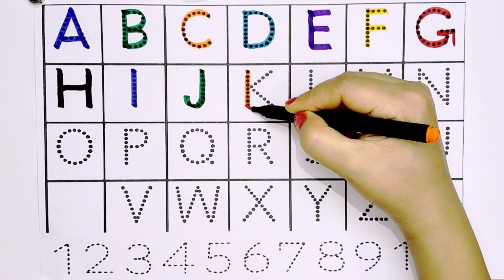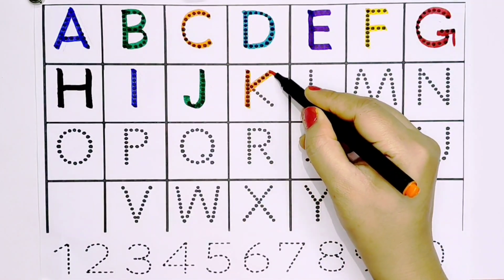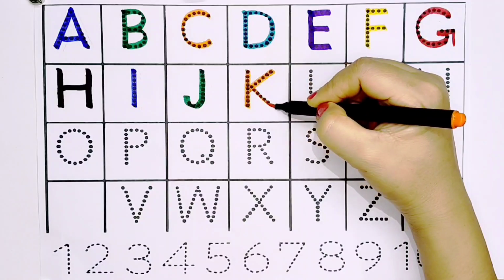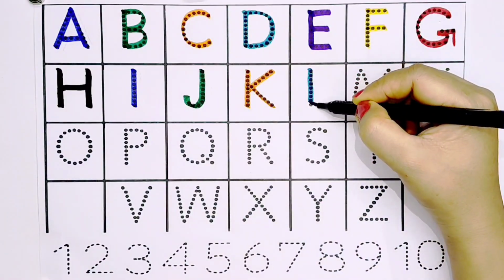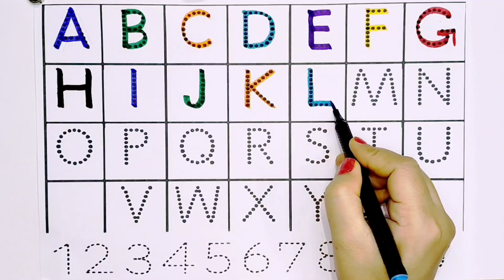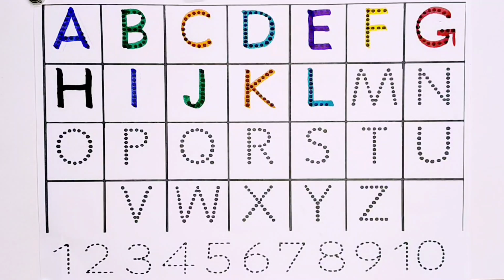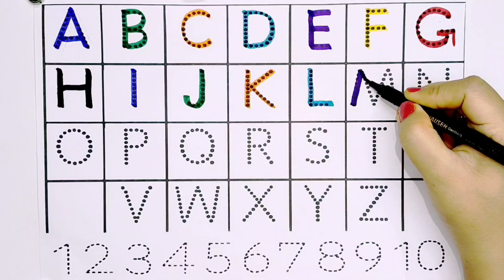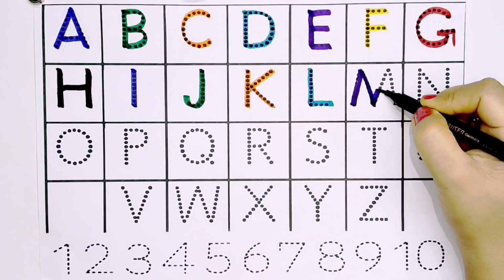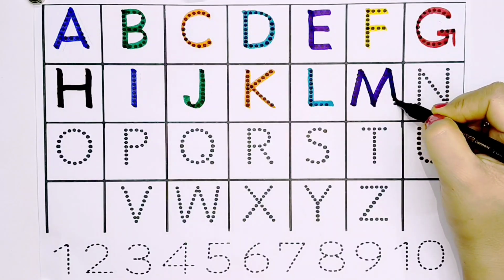Orange color. K. K for kite. Sky blue color. L. L for lion. Purple color. M. M for mango.